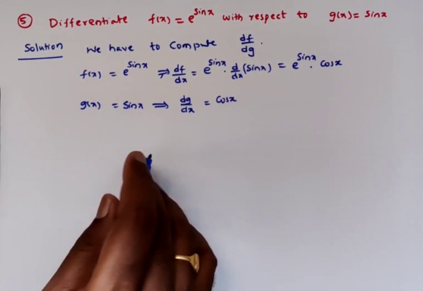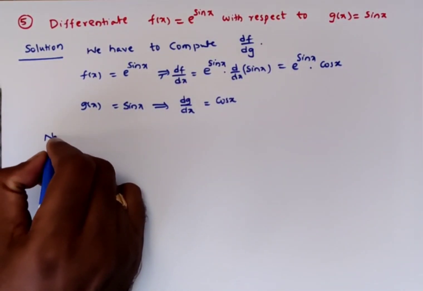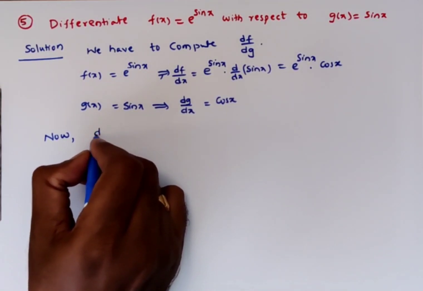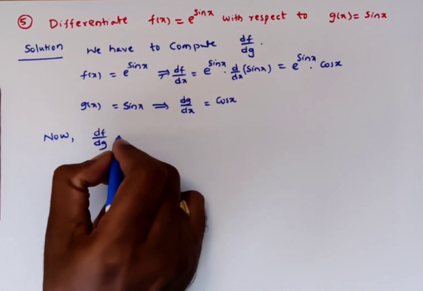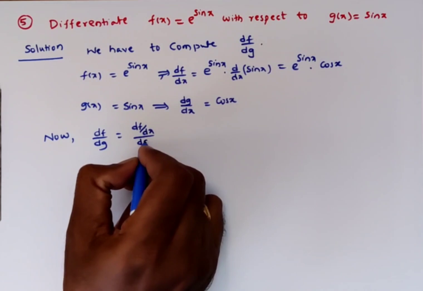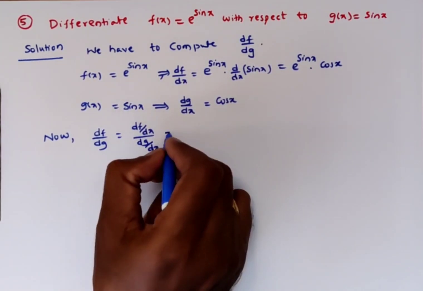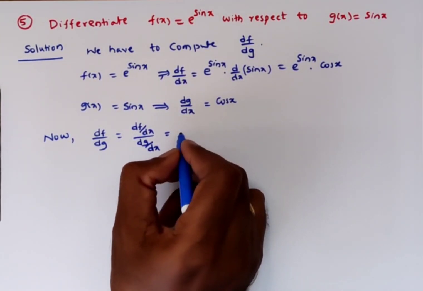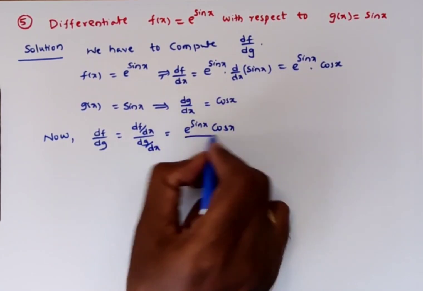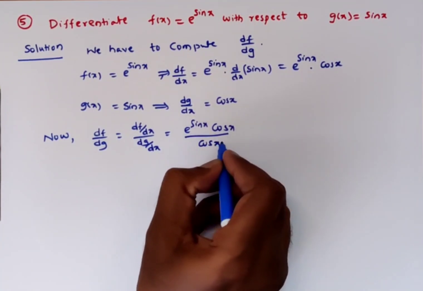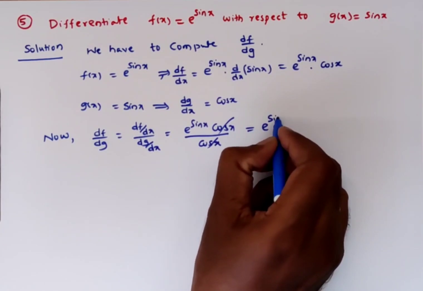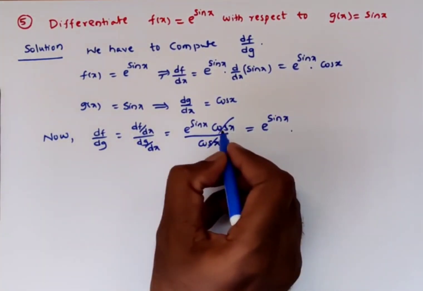So finally df by dg, or f prime of x divided by g prime of x, equals df by dx whole divided by dg by dx. Then df by dx is e to the power of sin x into cos x, divided by cos x. Here cos x and cos x get cancelled. Finally it is e to the power of sin x.